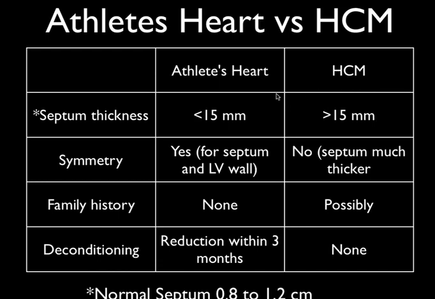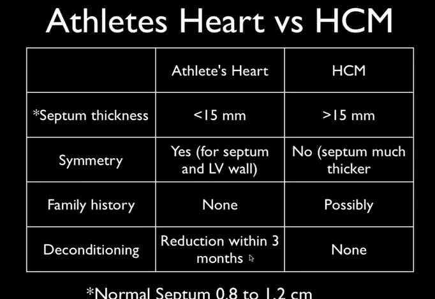Now, sometimes you can have something called athlete's heart, where the heart, like any muscle, can enlarge when you're using it a lot, but it is enlarged symmetrically. Over here with hypertrophic cardiomyopathy, it's only the septum that gets thicker compared to athlete's heart. And family history of sudden death is often very common in hypertrophic cardiomyopathy.